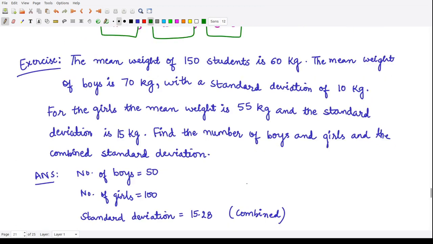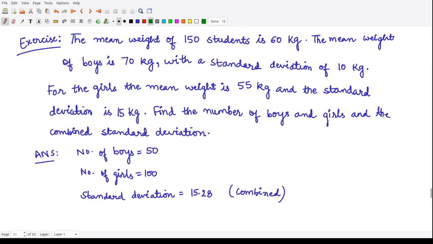So I have a question for you. This question says that the mean weight of 150 students is given to be 60 kgs. So in total we have 150 students and their mean is given to be 60. The mean weight of boys: out of total students we have two categories, one for boys, one for girls.